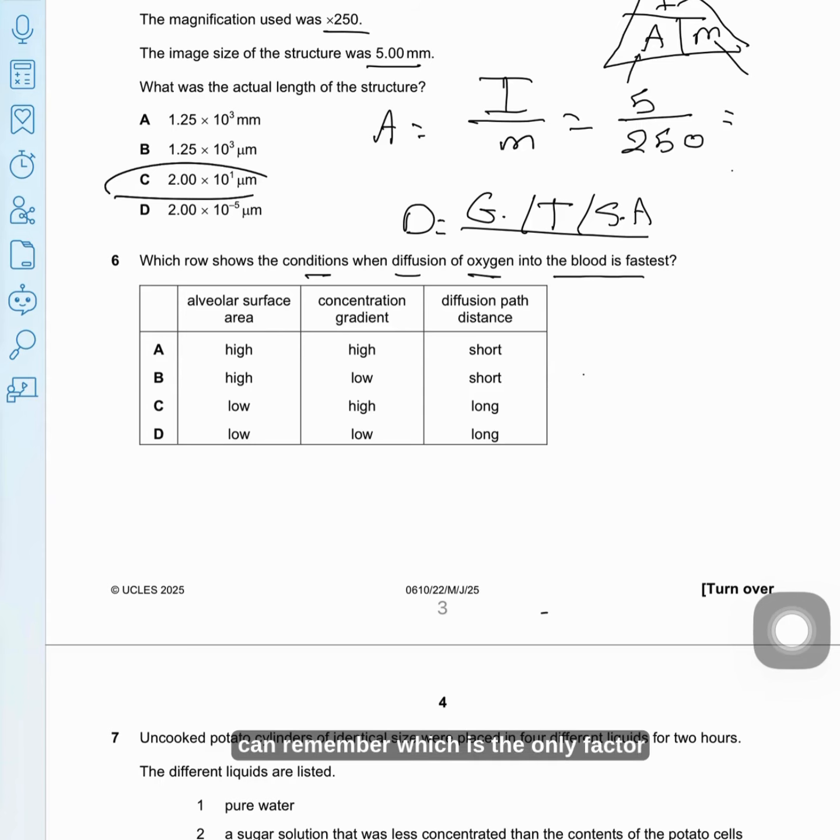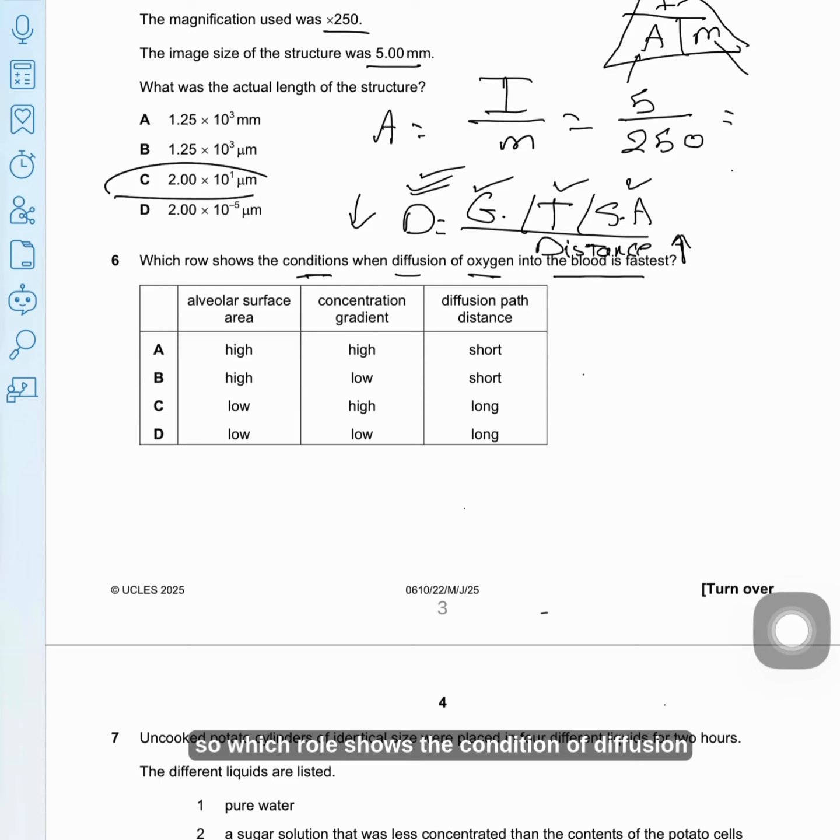Who can remember? Which is the only factor inversely proportional to diffusion? Excellent, distance. So when concentration gradient increases, diffusion increases. Temperature increases, diffusion increases. When surface area increases, diffusion increases, except for distance. When distance increases, diffusion decreases.